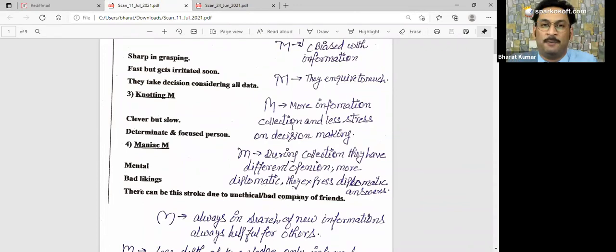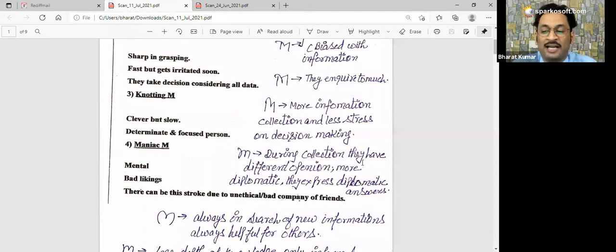These are the people who inquire a lot but make no decision. Unnecessarily, you can say they trouble other people. Is there anyone who is using this kind? Okay, Aarti, understood.